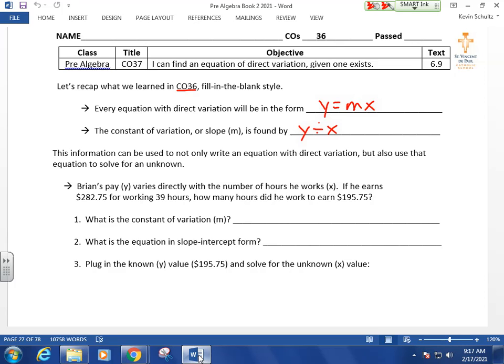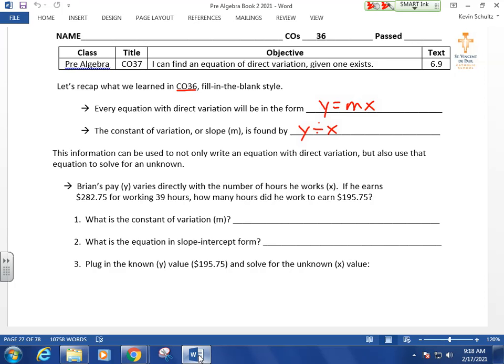And it's this information that we're going to use to answer questions that look like the following, okay? Brian's pay, which I'm telling you is the y variable here, varies directly with the number of hours he works, x, right? What this phrase means is that if you work more hours, you're going to make more pay.